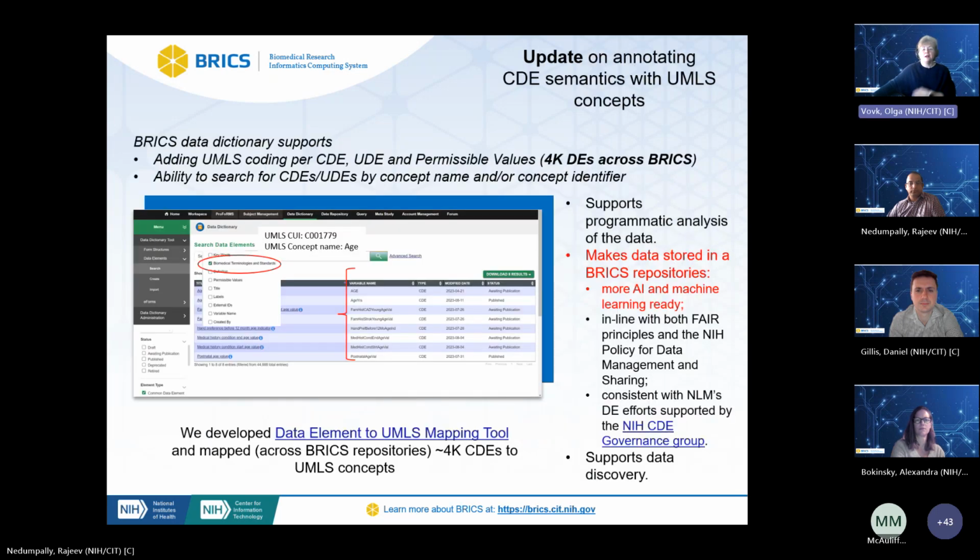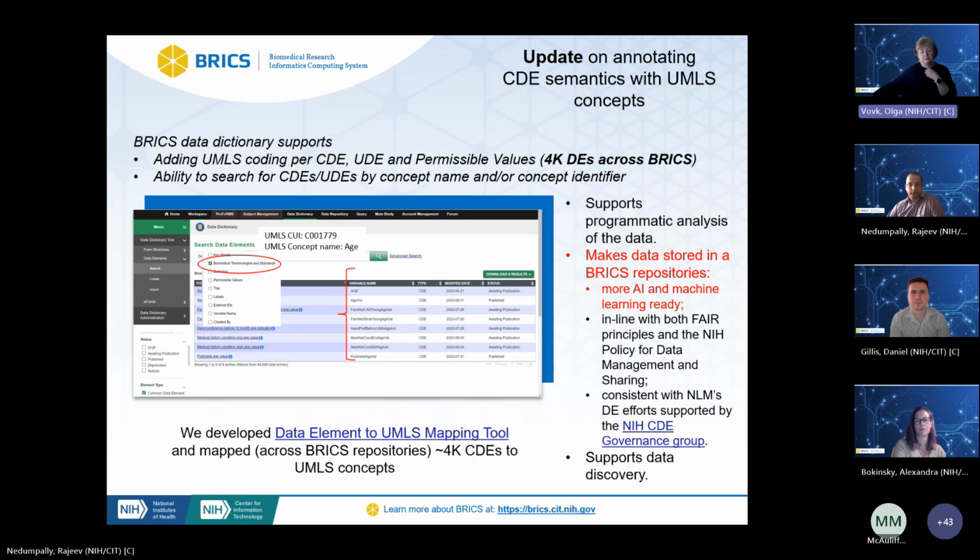So, what was done since our last presentation on UMLS? We added support for mapping CDEs, CDE semantics and permissible value semantics to UMLS concepts. So far, we have mapped about 4,000 data elements across various BRICS dictionaries. We added the ability to search for a data element by concept name or concept identifier.